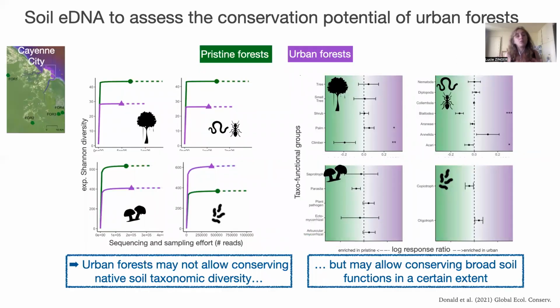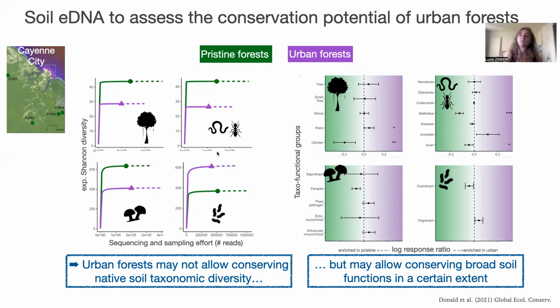Now we are starting to use this kind of approach to answer more applied questions. In this case, to assess the conservation potential of urban forest fragments in the city of Cayenne. And for this, we compare the urban forest fragments against pristine forests that are nearby Cayenne.